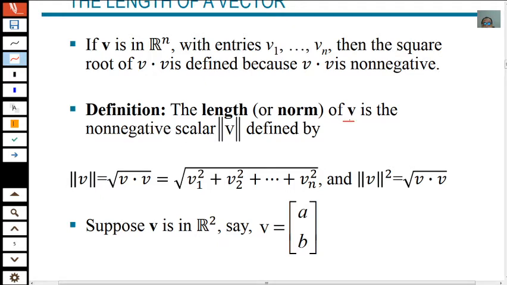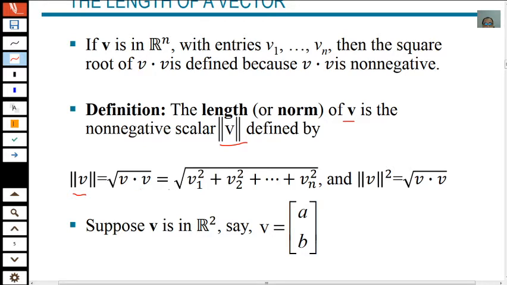The length of v, or the norm of v, is the non-negative scalar defined as the square root of the dot product of the vector v by itself.